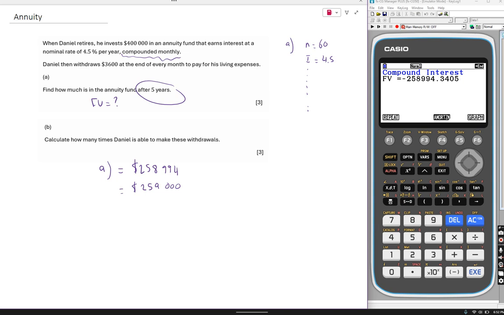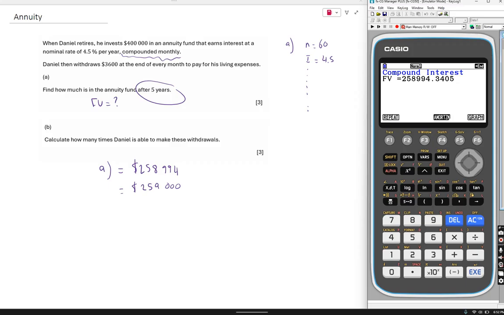This is kind of one of the nuances on the calculator. So if I press exit, if I make the present value negative 400,000, and then if I made the payments positive 3,600, now if I solve for the future value, it's giving me the same number, but now it's positive.